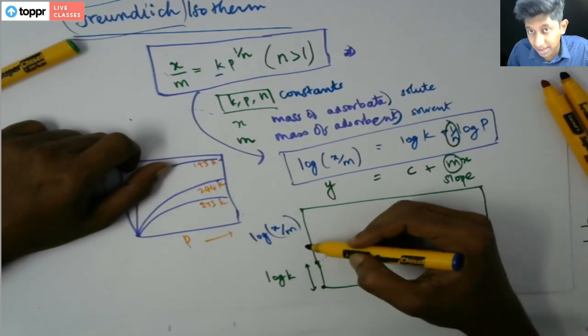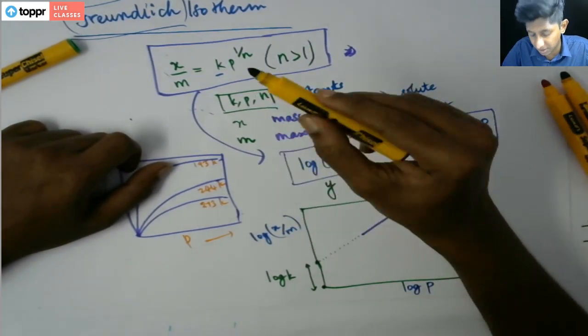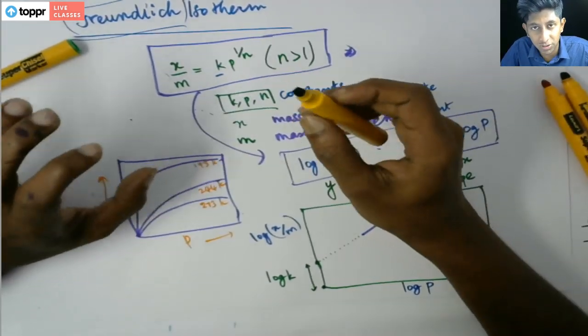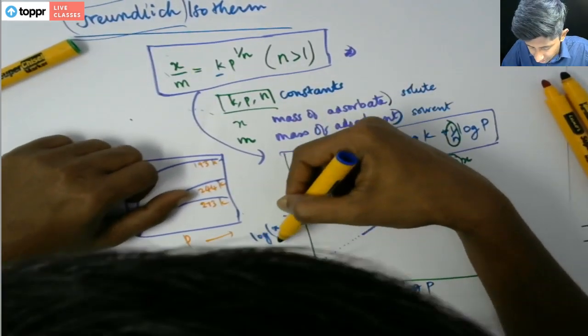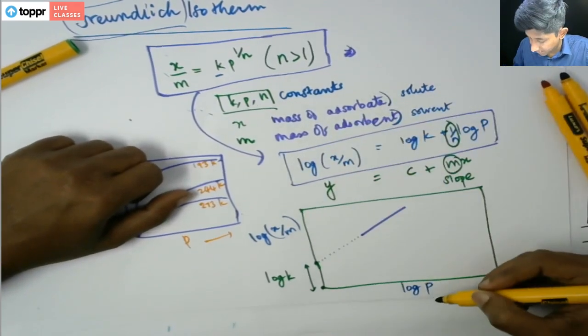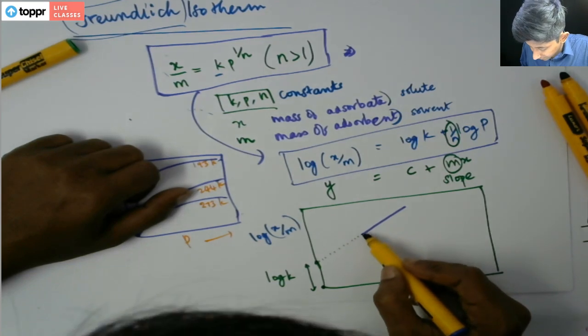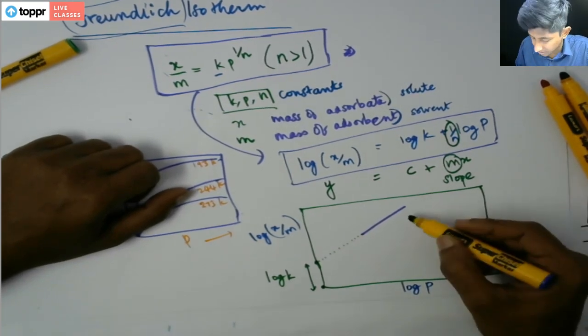So x by m, theoretically we can find that value pretty easily, because these are the standard values which we get. We can just take log and plot it on one side, and p, which is another value we can find here, and then we find the slope.